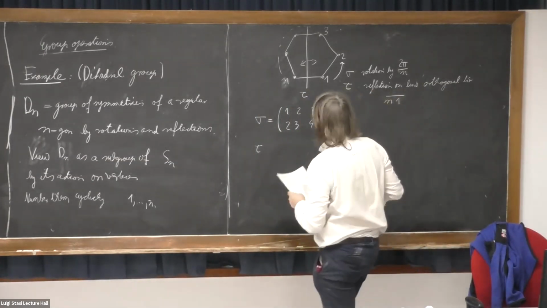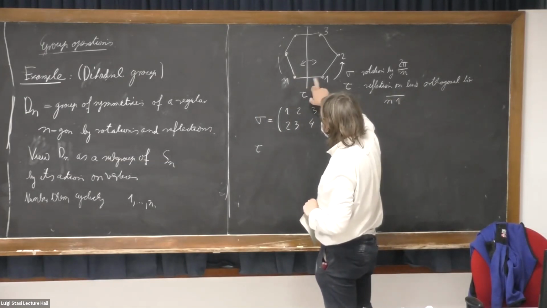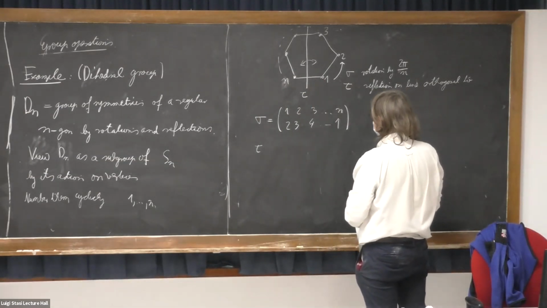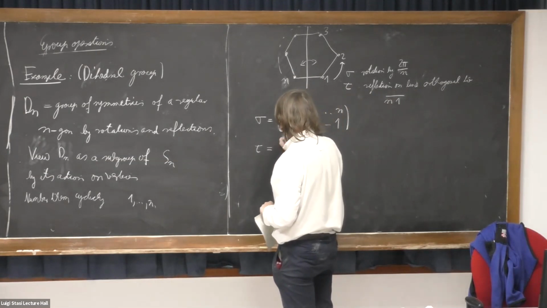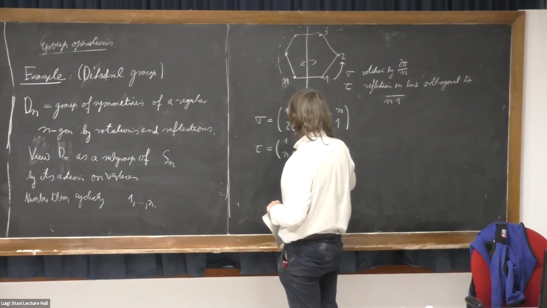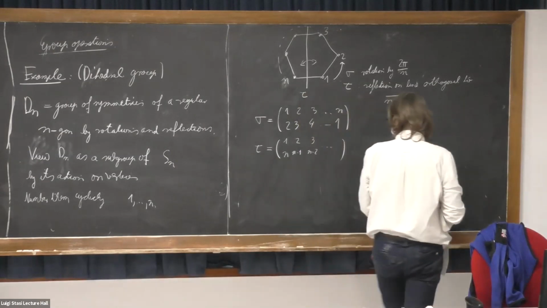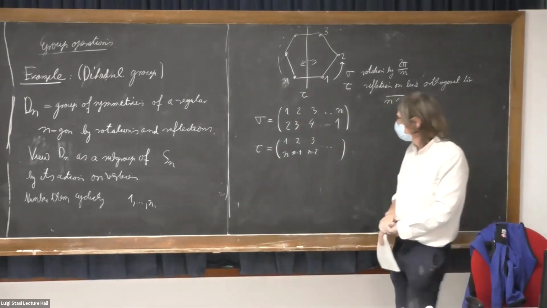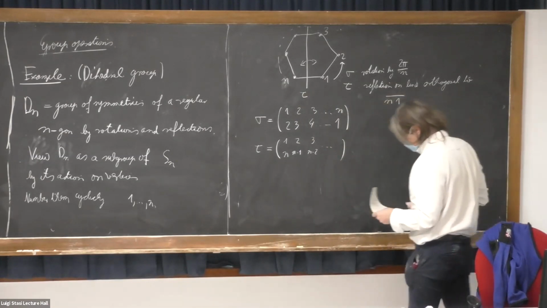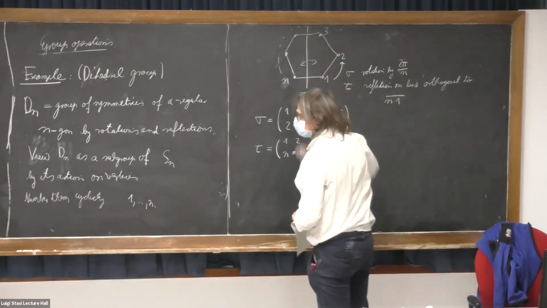That will always exchange an element k by n plus 1 minus k. So this means 1 goes to n, 2 goes to n minus 1, 3 goes to n minus 2, and so on. The last one depends on the parity of n.